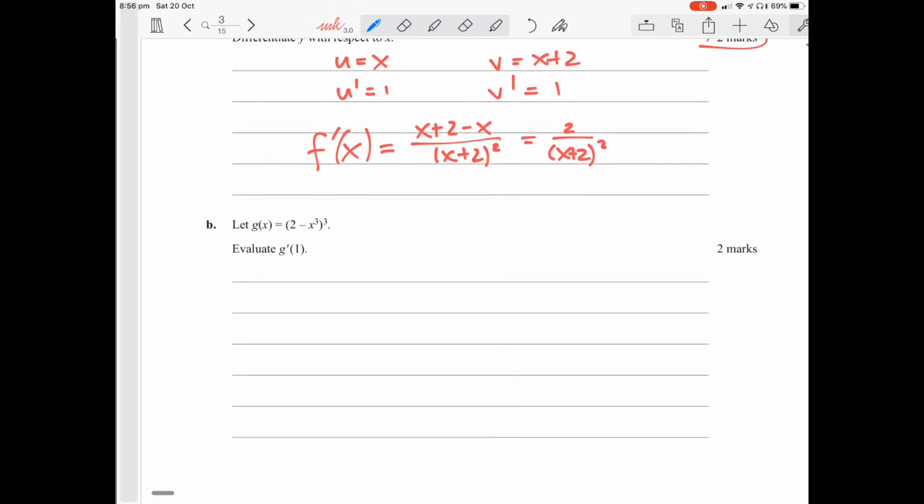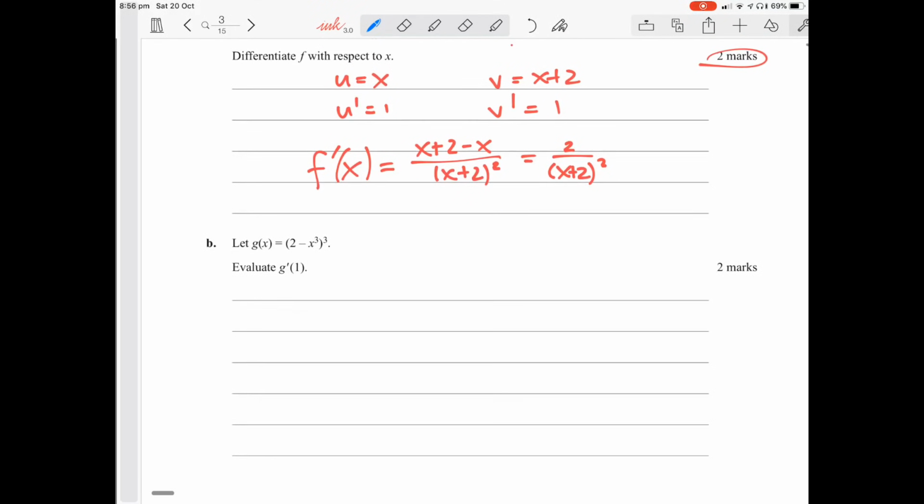Okay, here, evaluate g dash of 1. So this is a 2 marker. So I'm just going to quickly differentiate this, bring our 3 down to the front, multiply it by the derivative of the bracket, negative 3x squared, multiply it by the bracket, and subtract 1 from the power. And then we're going to sub in 1.